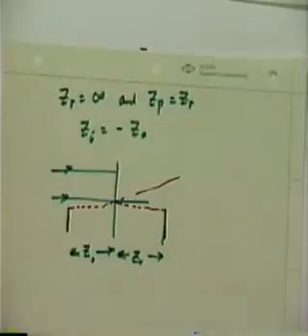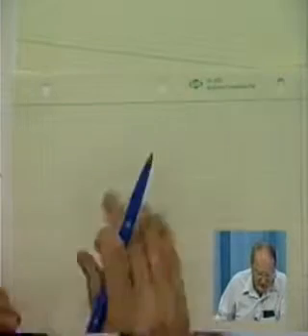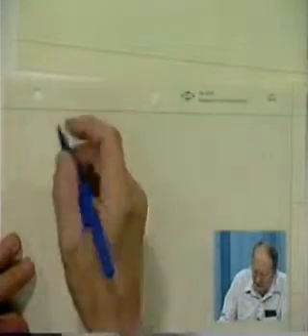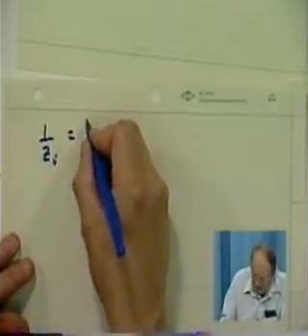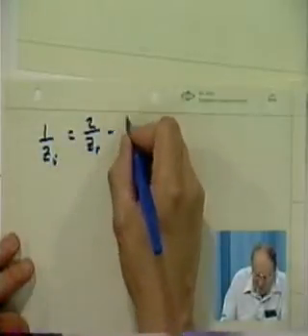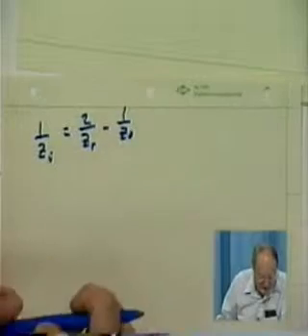Now this conjugate image is a strange creature here, and let's look at that a little bit more. So we had for the conjugate image, just copying this down here from above, 1 over z sub I is 2 over z sub r minus 1 over z naught.